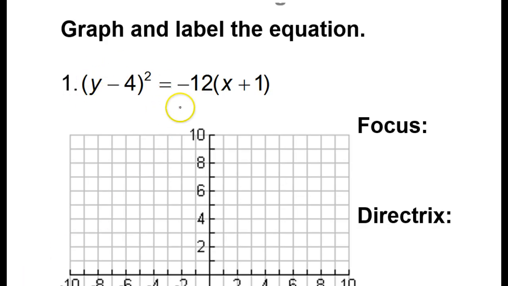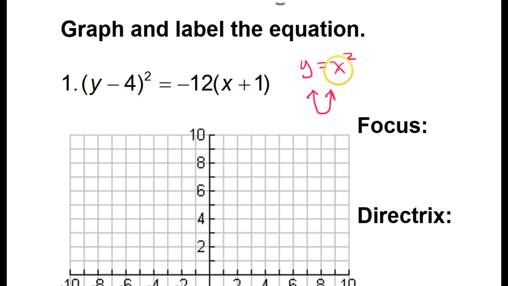When you are graphing a parabola equation, the first thing you should do is decide whether or not the parabola opens up, down, left, or right. We learned a long time ago that y equals x squared was the basic first parabola we ever learned about.